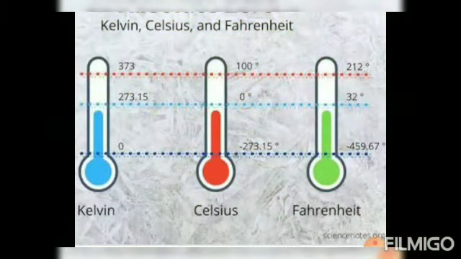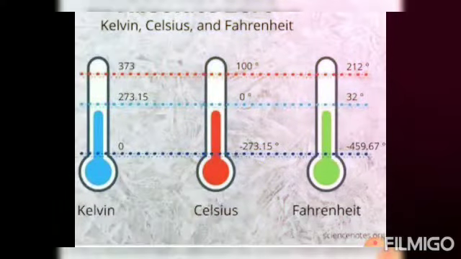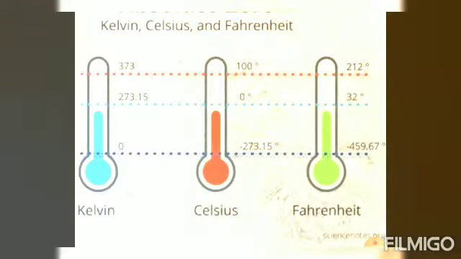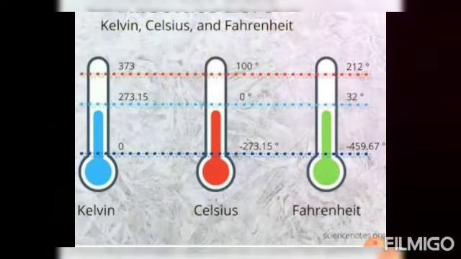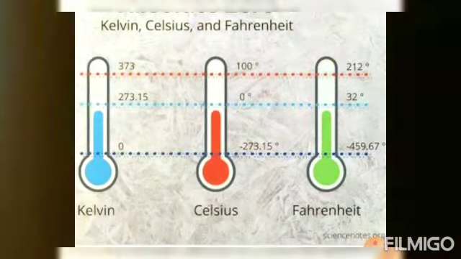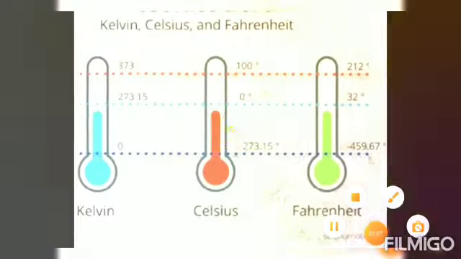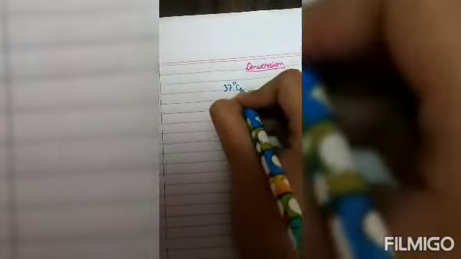Now we will go to the types of thermometer. But before discussing the types of thermometer, we will do some conversions. So friends, now let's convert from the centigrade scale to Fahrenheit scale, in which the centigrade scale is given, that is 37 degrees Celsius.